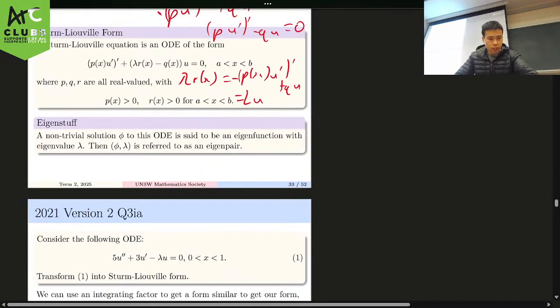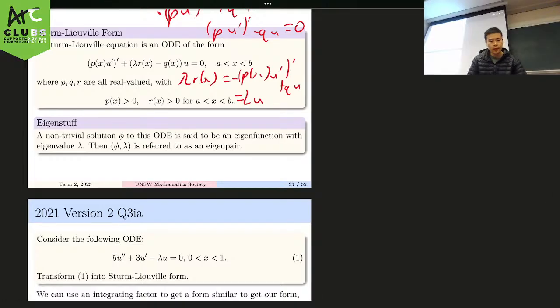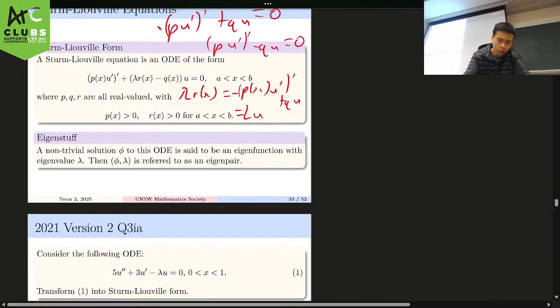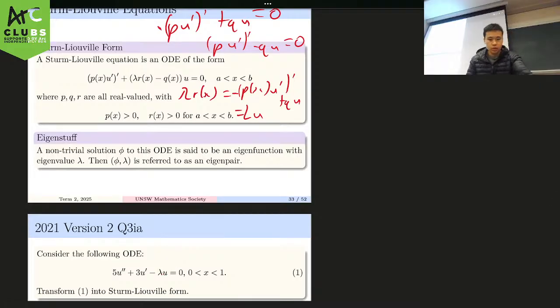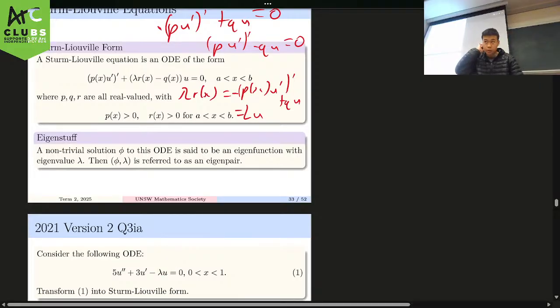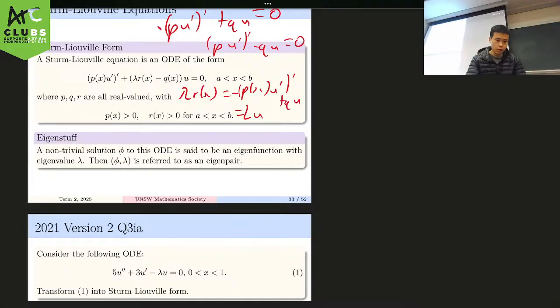So here we have this ODE, and we're going to transform this equation into Sturm-Liouville form. It's really just asking to convert this into self-adjoint form, except we have this to deal with. So remember how we dealt with self-adjoint then was to divide by the function here and make the coefficient 1.